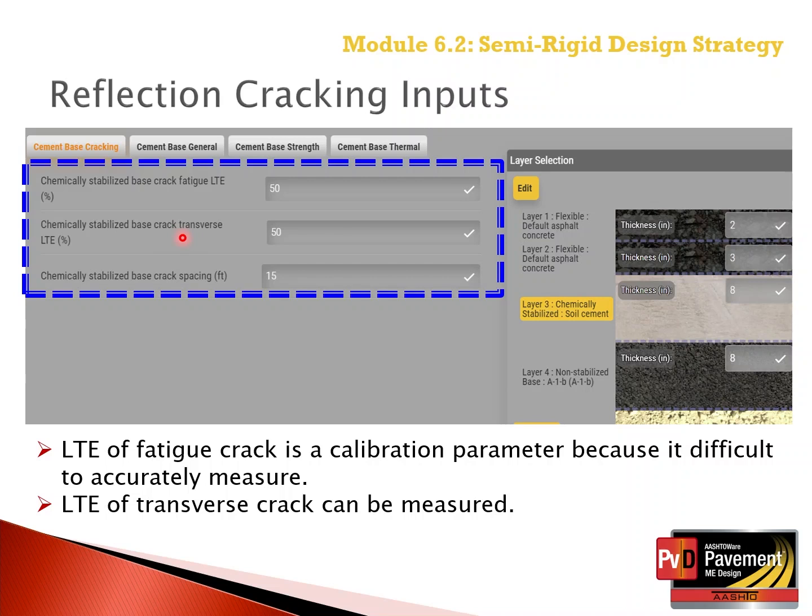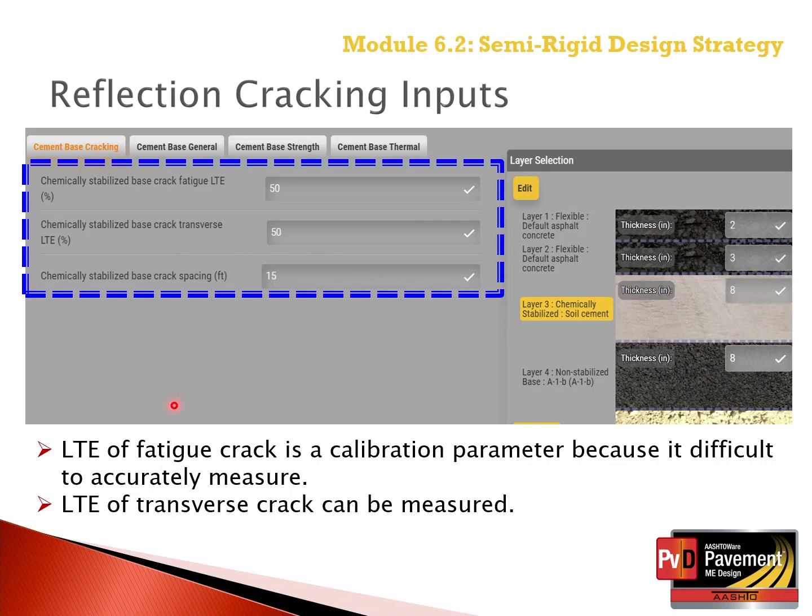Those can be measured in the field. So the user can change based on field measurements for the low transfer efficiency of the semi-rigid pavement. And again, this is the reflection of shrinkage cracks through the asphalt layer from the chemically stabilized base layer.